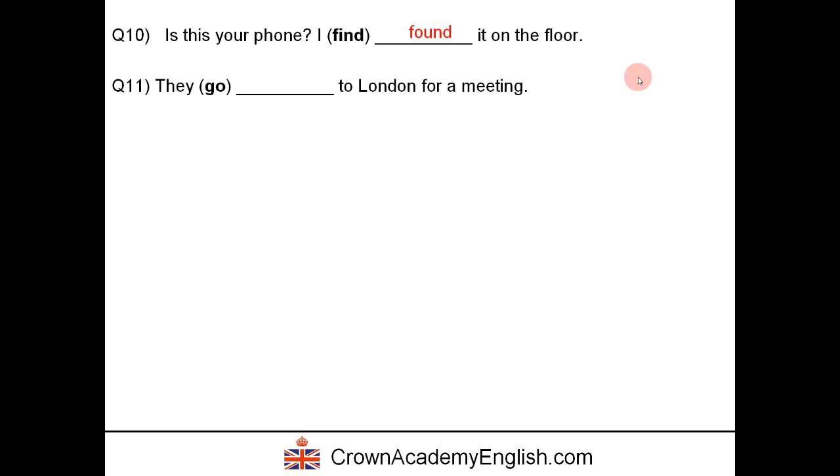Question 11. The answer is, they went to London for a meeting. So the past form of go is went.